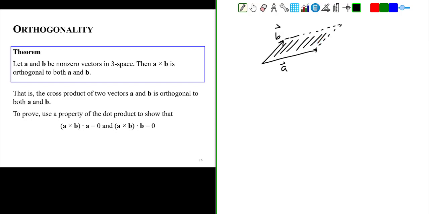We're about to show that the cross product between vectors A and B is a vector that is perpendicular to both vector A and vector B. We will call this vector that's perpendicular to A and B C vector. And we will show that C vector is perpendicular to both vectors A and B.